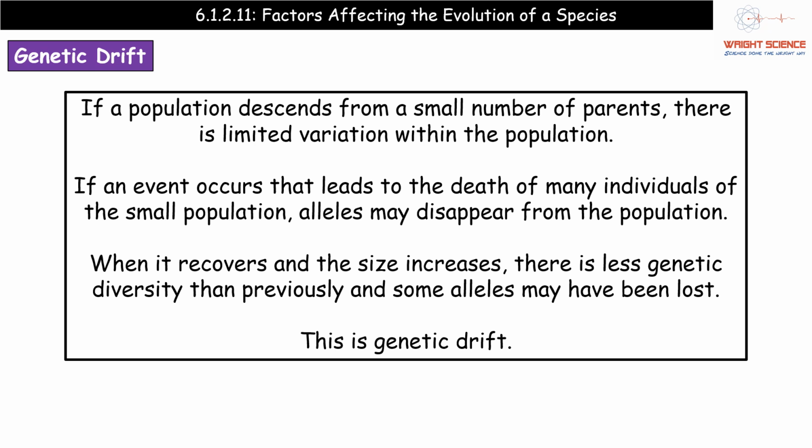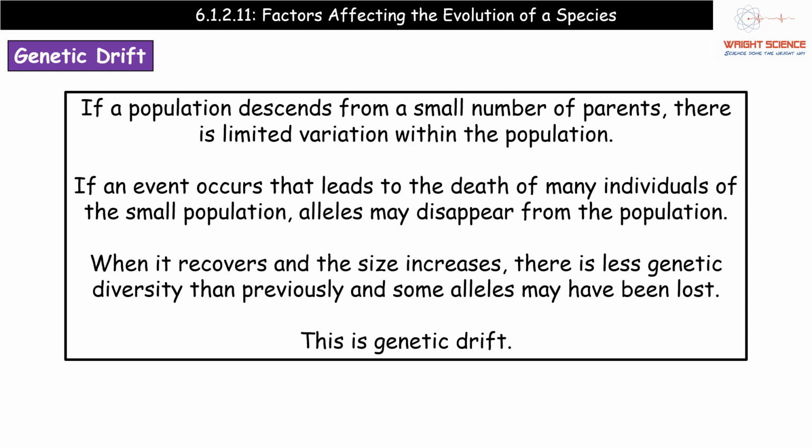The next thing we need to consider as far as factors that affect the evolution of a species is this concept of genetic drift. Now, what we're looking at here is a population that's descended from only a small number of parents, so we will have limited variation within that population.